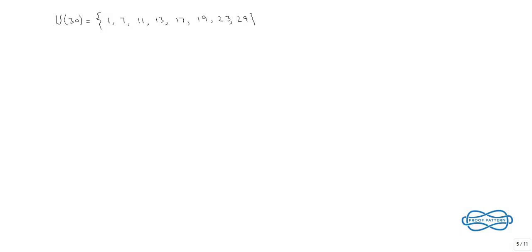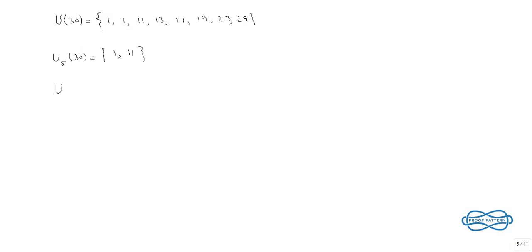We have to list the elements of the set U_5(30). We have to find those elements which give remainder 1 when divided by 5, and that is also 1 and 11. No other element gives remainder 1 when it is divided by 5.